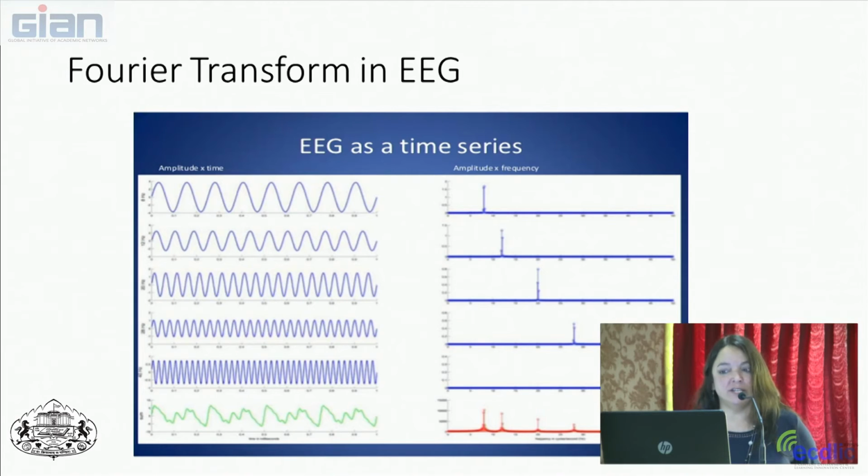Okay, so we can take an EEG signal and we can also represent this as a frequency signal. If you look at the left, you see this very steady plot on the top. That's a lower frequency, meaning it's a slower wave. And because it's just one perfect wave, you can represent that as one perfect sine wave.